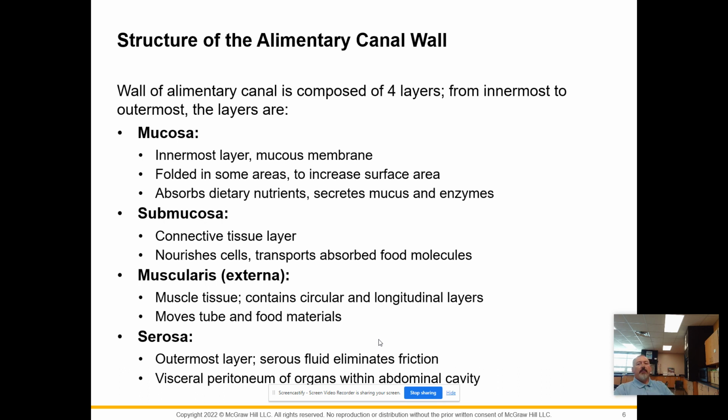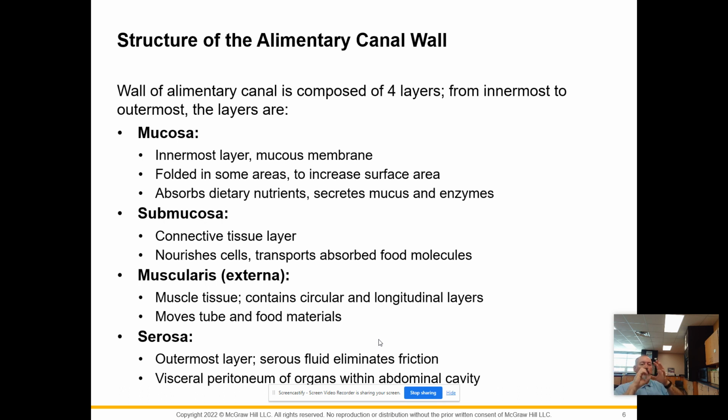Now, just on the other side of the mucosal layer is going to be the submucosa. Submucosa is going to nourish cells. It's going to transport absorbed food molecules, and eventually, we're going to have this food taken into the blood supply. The muscularis is going to have circular muscles as it's going around, and this is going to be involved in 2 different parts.